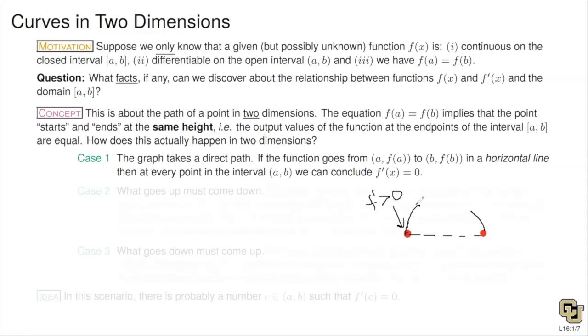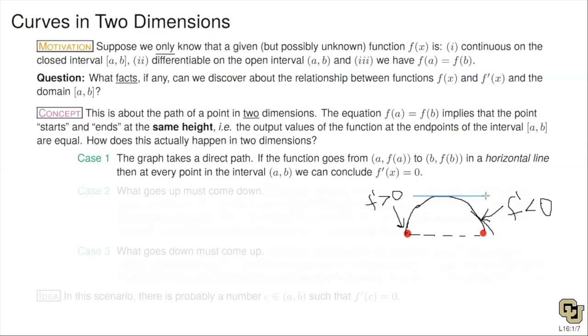Now think about you're flying a plane. So I pull up, going up, but now I have to get back down to the same height. So here, to come back down, you'll notice the derivative is negative because the function's decreasing. So between the derivative being greater than 0 and the derivative being less than 0, at some point or more than one point in the middle, it looks like the derivative will be equal to 0.